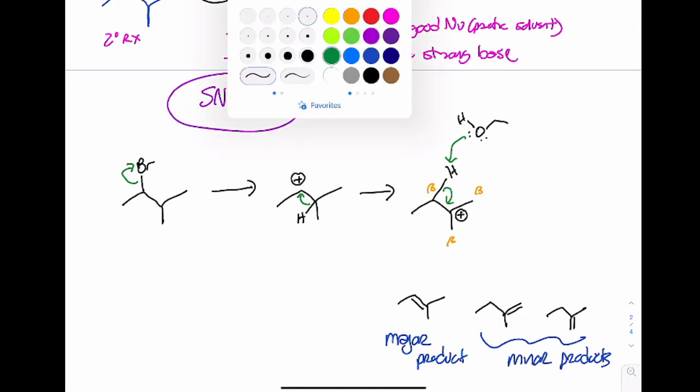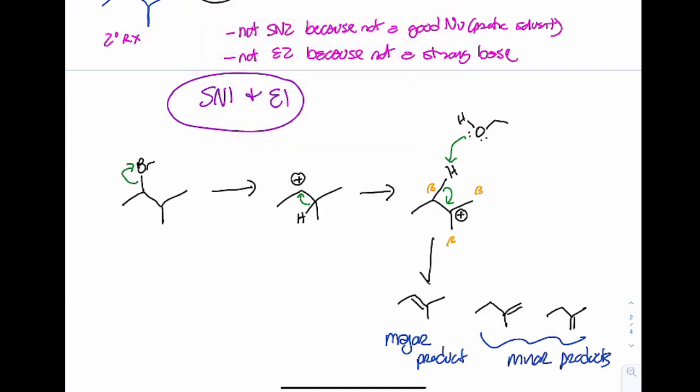And then that's going to give me this product. If I wanted to draw one of the minor products, I would be taking a proton off of one of these end carbons, right? So if I took that proton off, that would give me this product here. So just be careful, make sure the proton you take off leads to the product that you're indicating. So this would be my eliminated product.